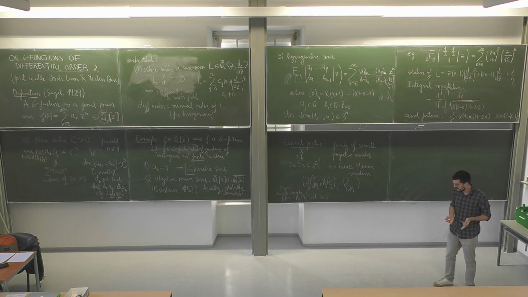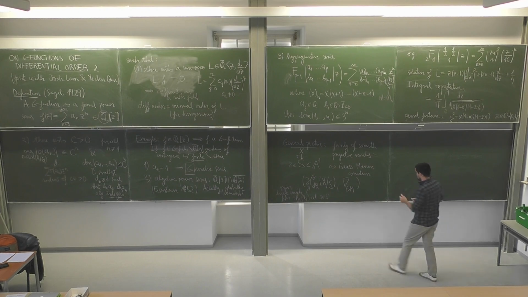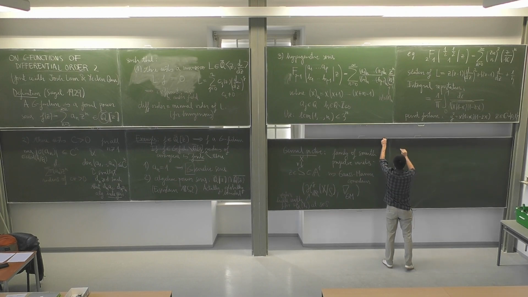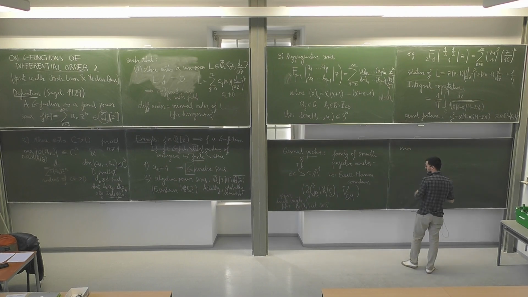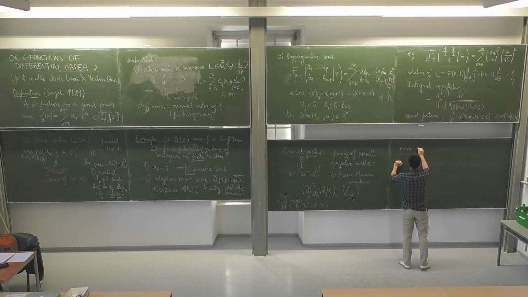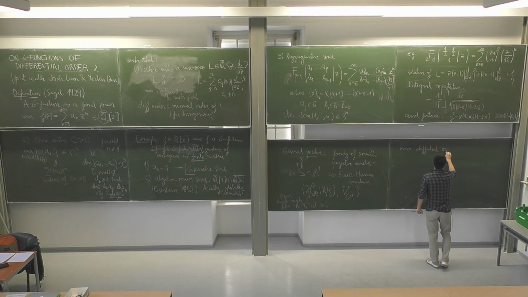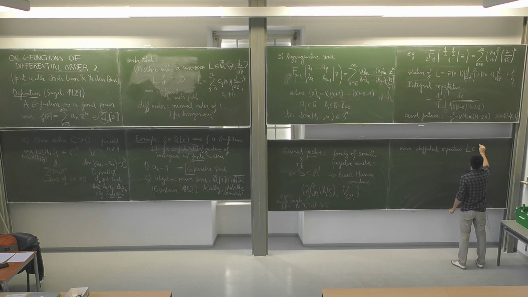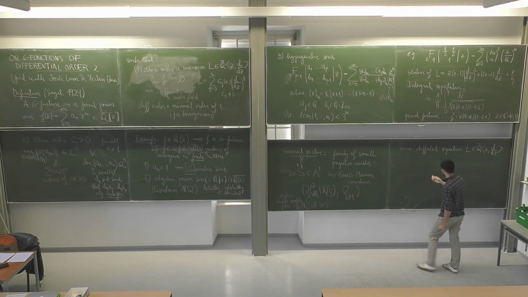You can choose a cyclic vector for this matrix, and out of this, you get a differential operator. Not in a very canonical way, but there's a way to get differential operators, which are usually called Picard-Fuchs.